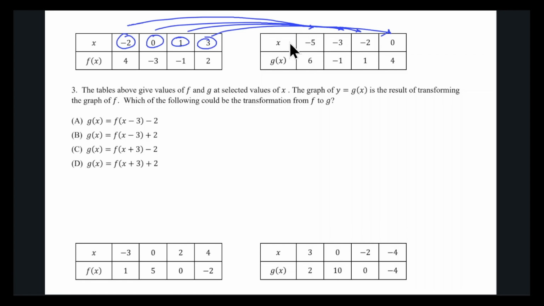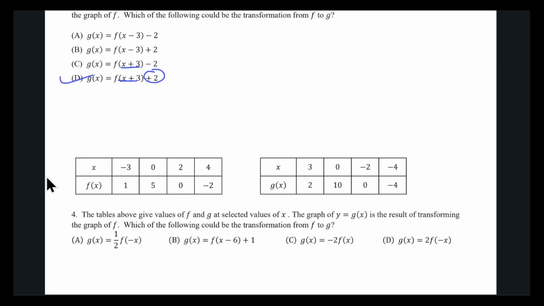So -3 means you're going left by 3. So I should have f of x plus 3 somewhere, because f of x plus 3 means you're going left by 3. And if you look at the y coordinates, then 4 becomes 6, -3 becomes -1, and so on. So it is getting increased by 2, which means there's a vertical translation up by 2 units. Option D.